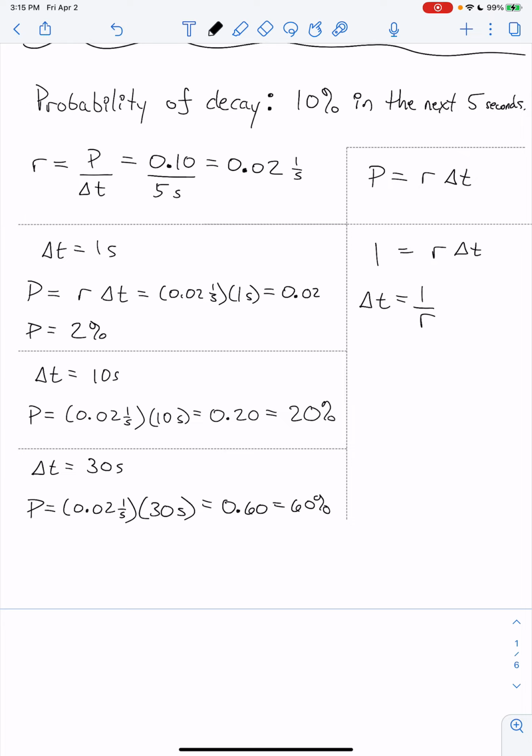And in this case, that's equal to 50 seconds. So we expect that this decay will definitely happen within 50 seconds. And this particular time is what we consider to be tau, or the lifetime.